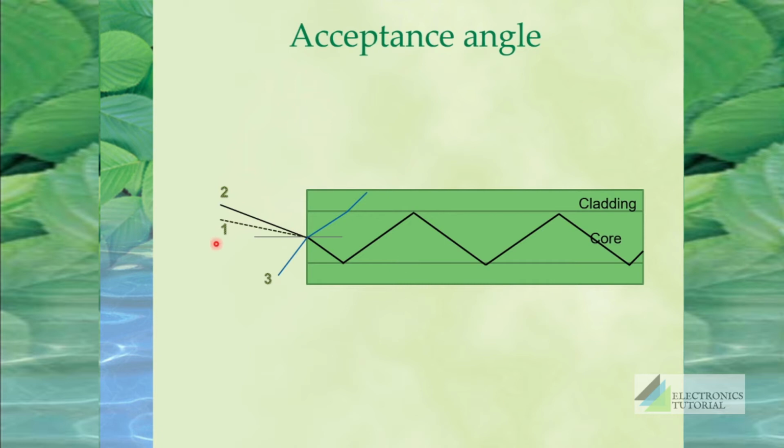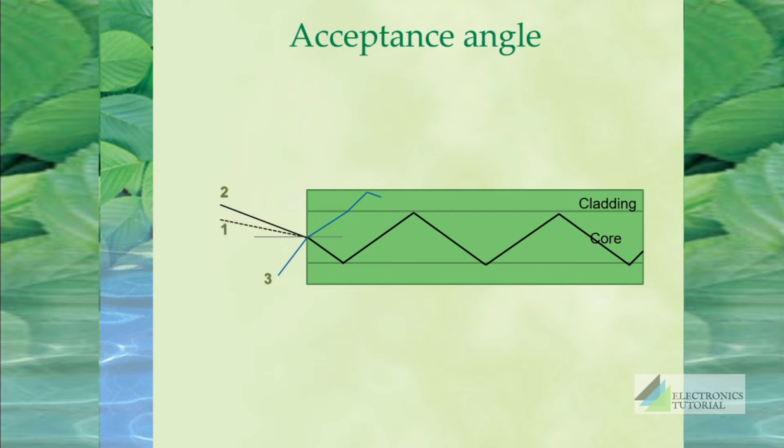In this case, we can say that rays launched up to this point could be propagated through this fiber. Thus, for rays to be transmitted by total internal reflection within the fiber core, they must be incident onto the fiber within an accepted level.